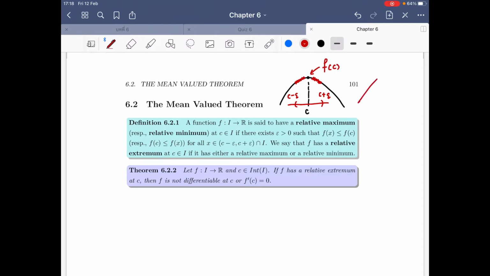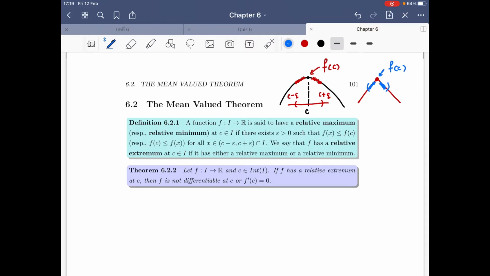Of course, as you can see, the relative maximum can be a point like here as well, so it looks like a hill. The function value around that hill is going to be less than the function value at this particular point f at c.